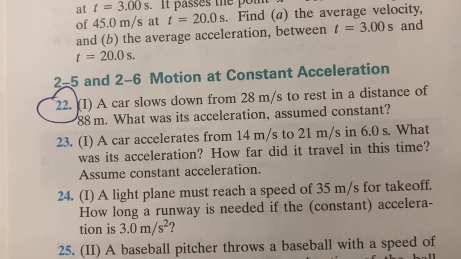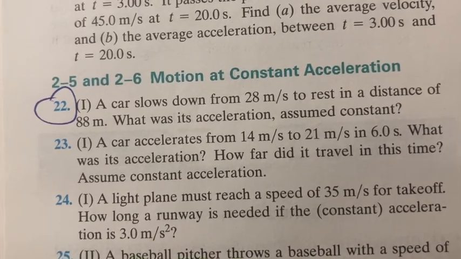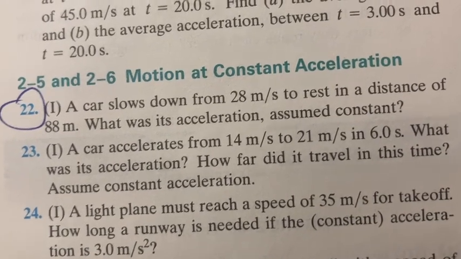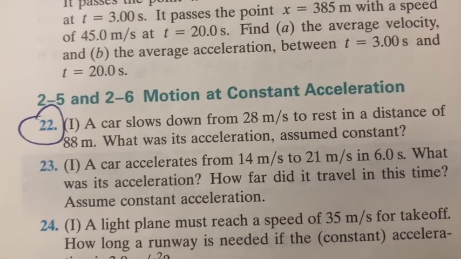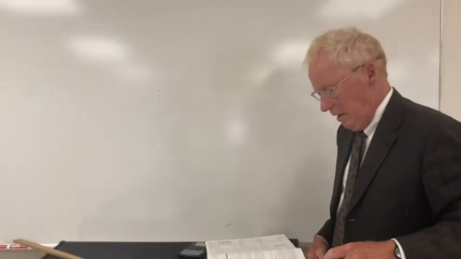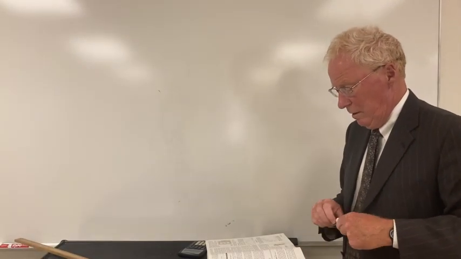A car slows down from 28 meters per second to rest in a distance of 88 meters. What is the acceleration? So this is again from the book, problem 22.